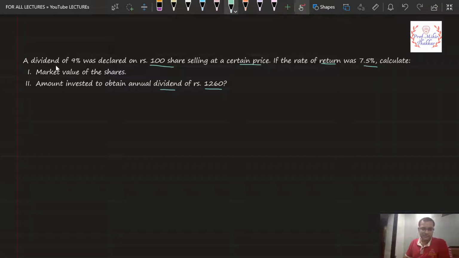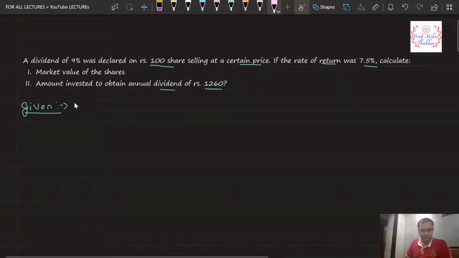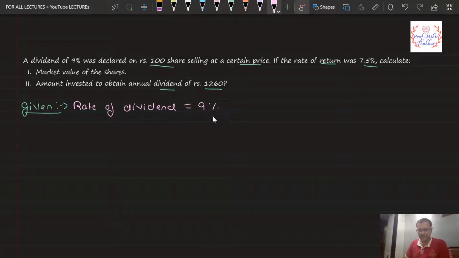The question tells us 9% was the rate of dividend. So we write over here, given: rate of dividend is 9%. It is selling at a certain price, but it is a rupees 100 share.